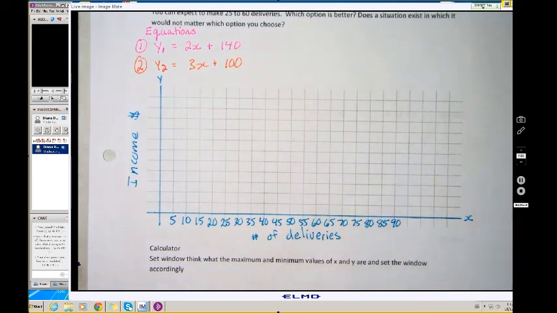Okay, so you could have just numbered every other one as well.